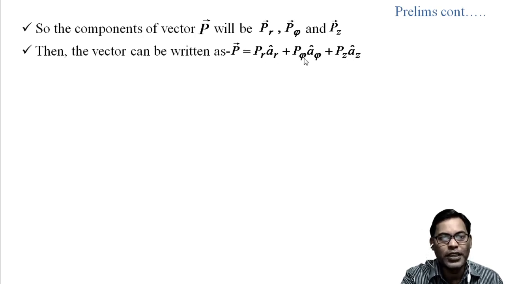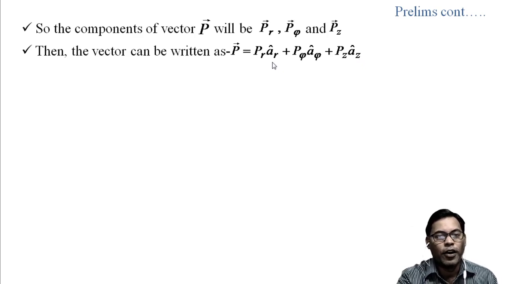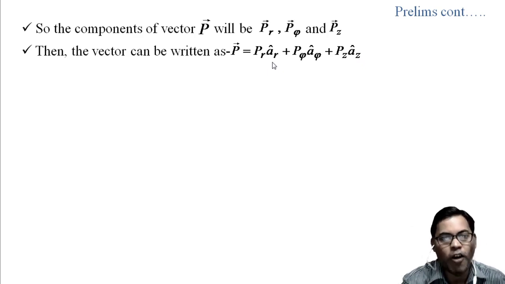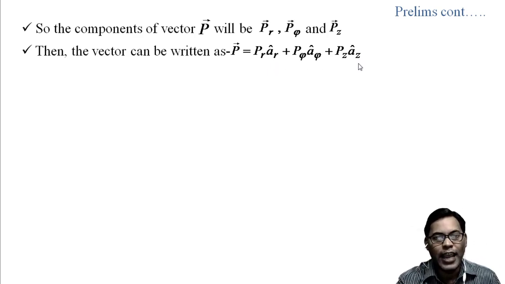You see that P_r, P_phi, and P_z are the components of vector P along the directions of r, phi, and z, and a_r, a_phi, a_z are the unit vectors in the directions of r, phi, and z.